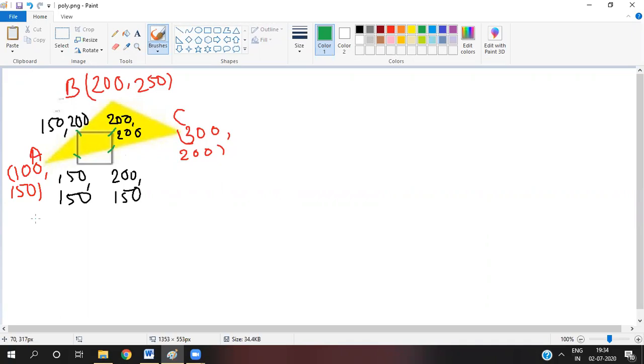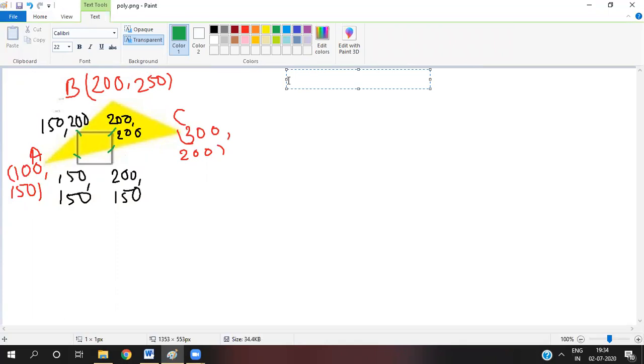Let's start clipping the polygon. If you remember, I told you to use the same intersection formulas which we used for line clipping. We are going to proceed the same way here as well.